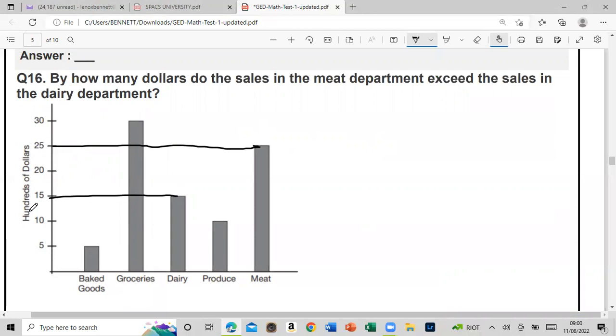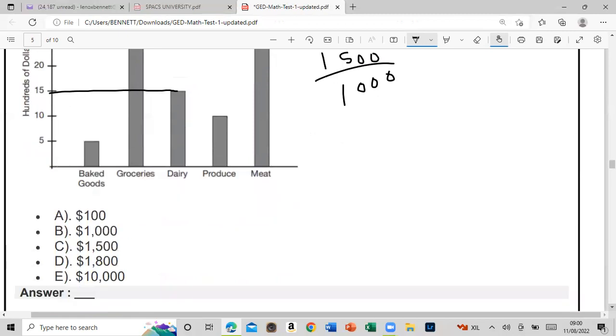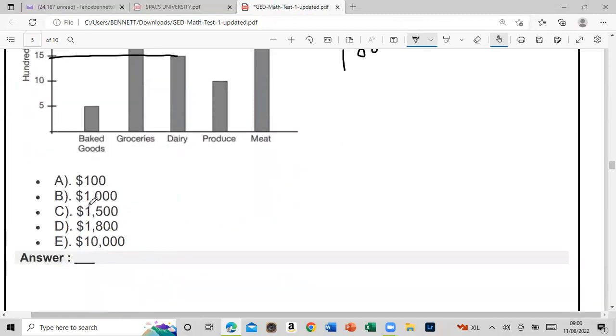So over here, it's hundreds of dollars. So that's 2,500 minus 300. So this should give us 0, 0, 500, 0. So that's 1,000. Okay, here we go. So that would be B.